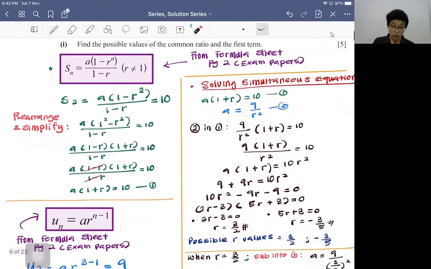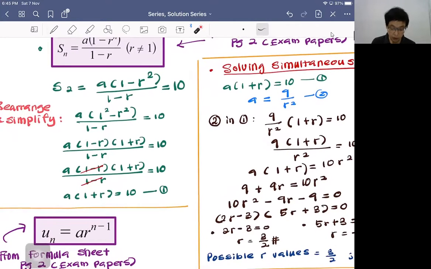From there, we will rearrange and simplify in order to form a simplified statement. In the simplification, I notice the 1 minus r squared, and from basic algebra, we know that this is the difference of two squares, that we can break down into 1 minus r multiplied by 1 plus r.